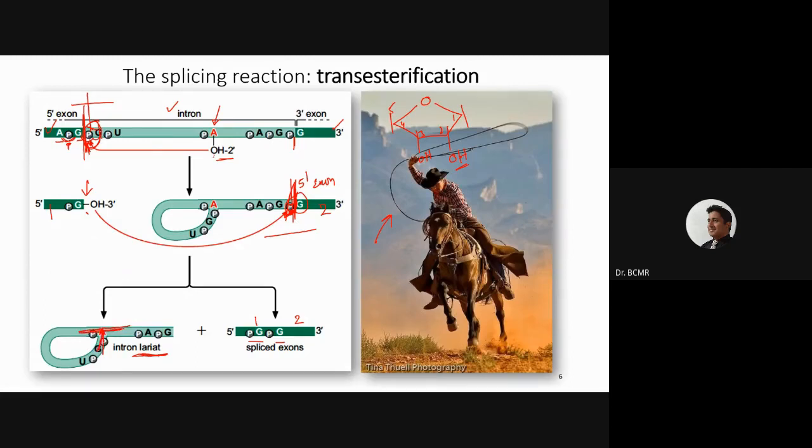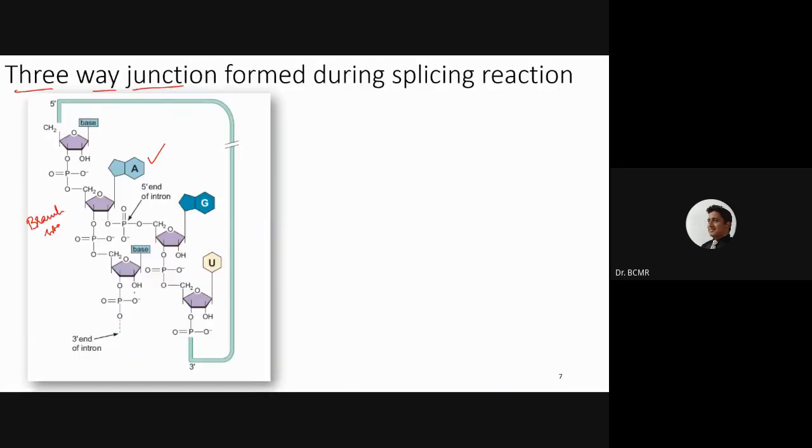This junction is what we are looking at here. So this is the conserved adenine in the branch site, and this G is the 5' end of the intron. You can think of the intron going this way and coming here, and this is the 3' end of the intron. Okay.